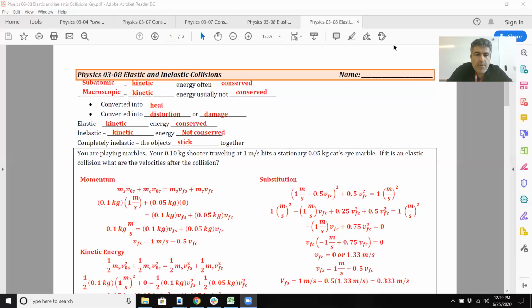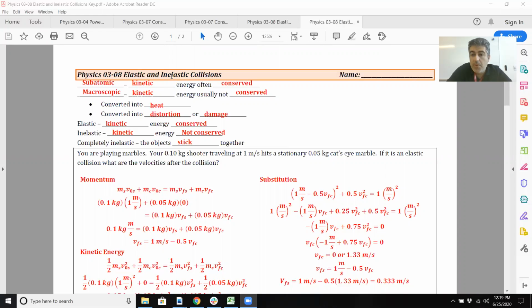So if it's an elastic collision, then your kinetic energy is conserved. But if it's inelastic, then it's not conserved, meaning that usually the objects will stick together or you'll lose stuff to heat. So that's what's happening in these blanks here. Subatomic, so very tiny stuff, then typically kinetic energy will be conserved.